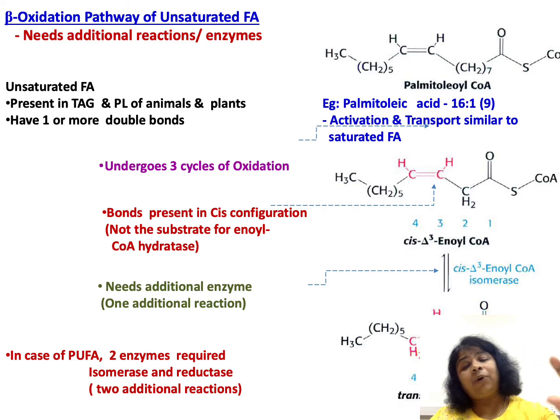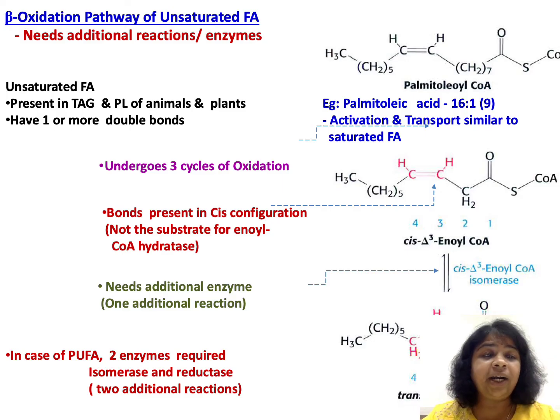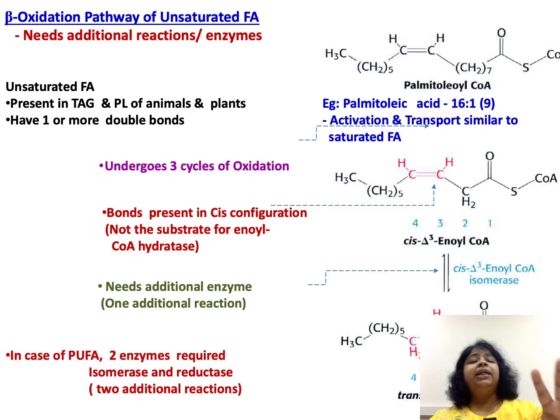So, this is that one small change that will be required if it is an unsaturated fatty acid. It will require an extra enzyme, isomerase, to convert cis to trans double bond, and in case of PUFA, apart from isomerase, it requires one reductase also. So, that is about beta oxidation of saturated, unsaturated, polyunsaturated fatty acids.